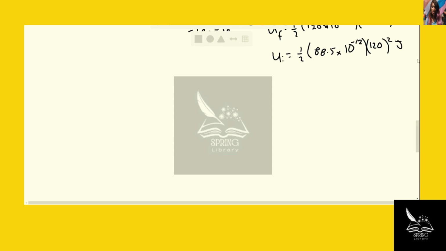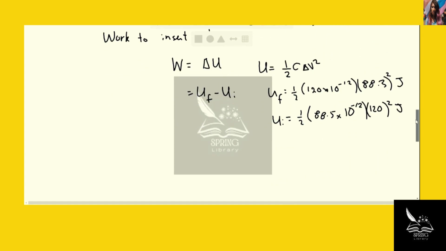Working that out, okay, so we'll just go ahead and calculate those out. 1/2 times 9.4 times 10 to the minus 7 minus 1.27 times 10 to the minus 6 joules.